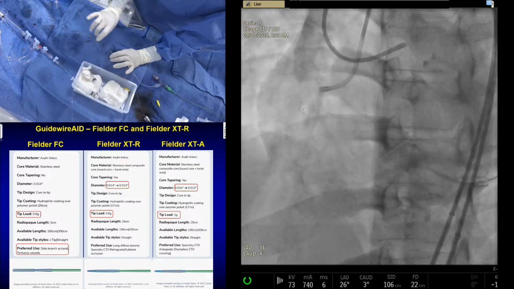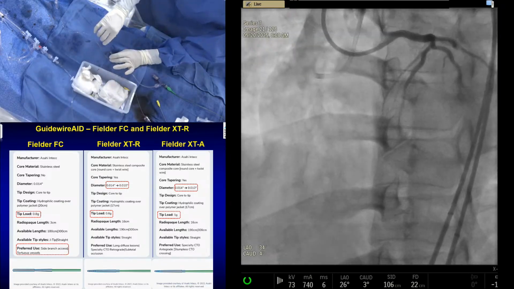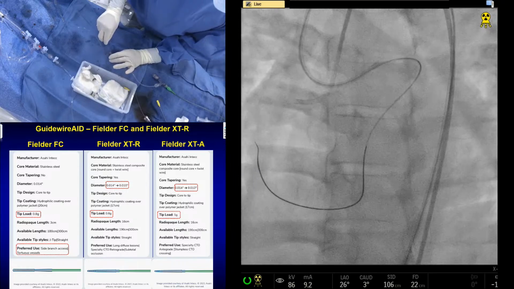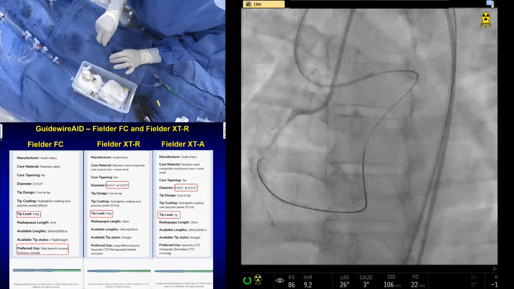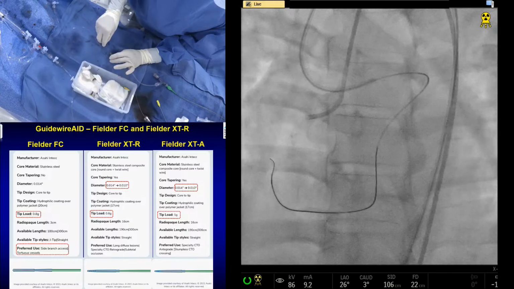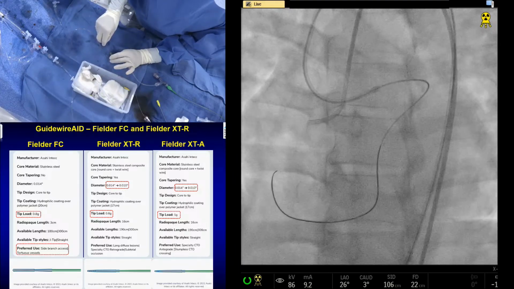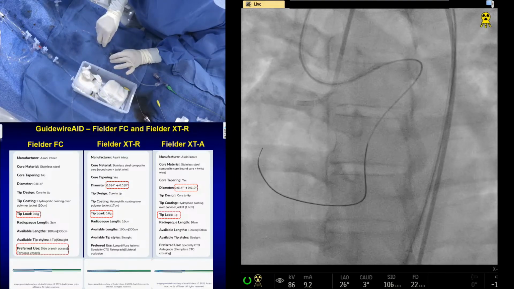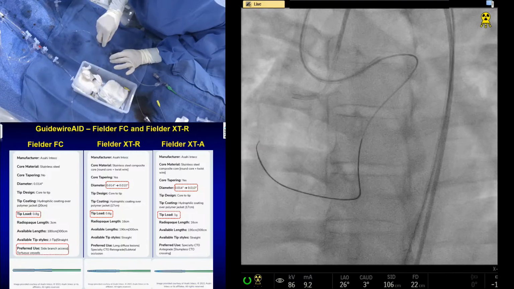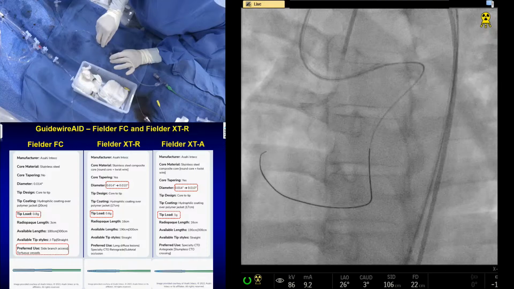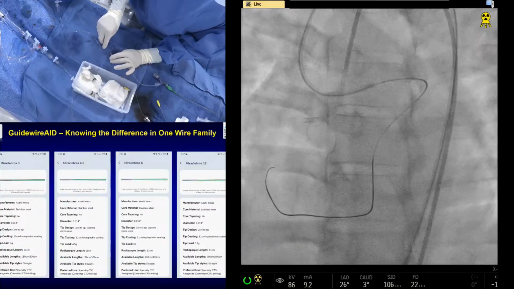So I took a Miracle 6, some dye antegrade. It keeps going that side, so we may need a little stiffer wire. And that's your Miracle 6. Next one will be what? Depending on how this behaves, how stiff I need.